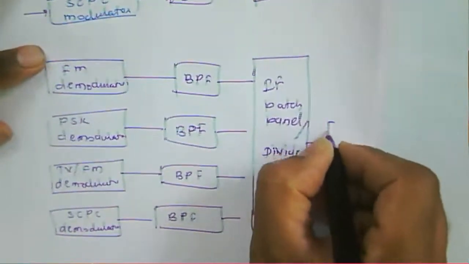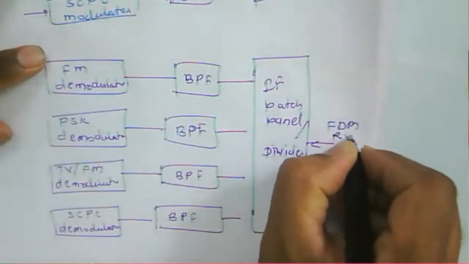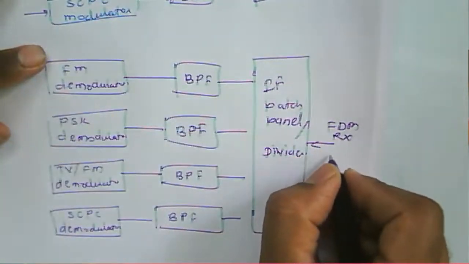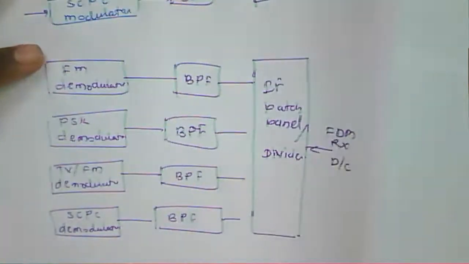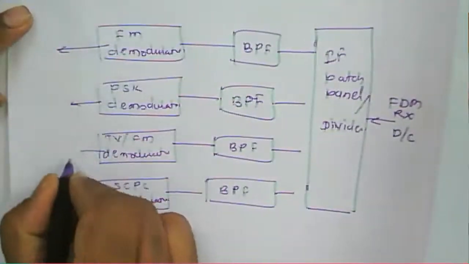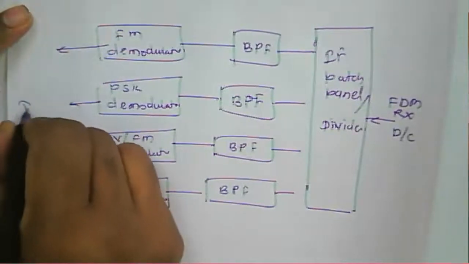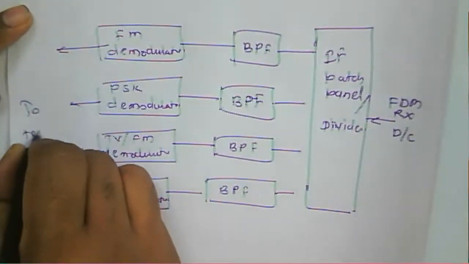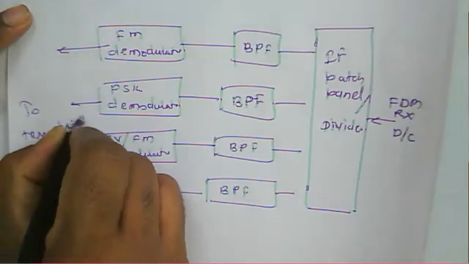Since we are getting the output from this FDM RX, that is a down converted signal, that will be the input to the terrestrial system.